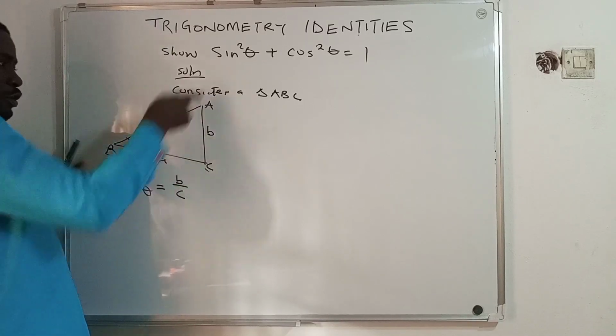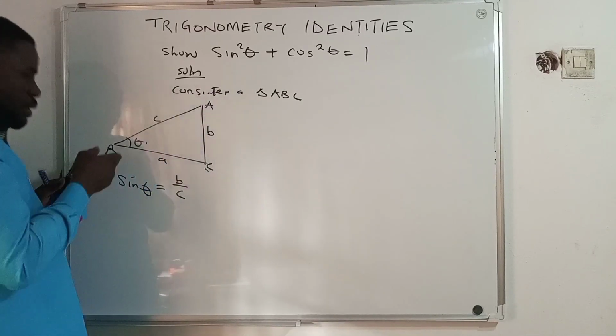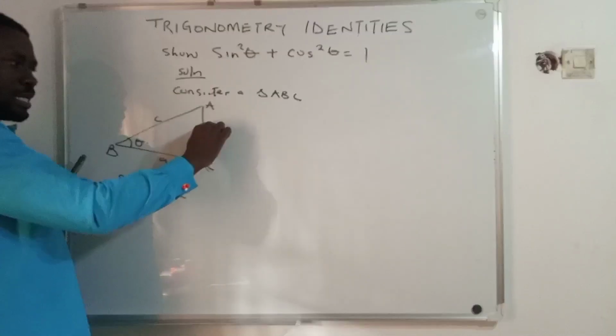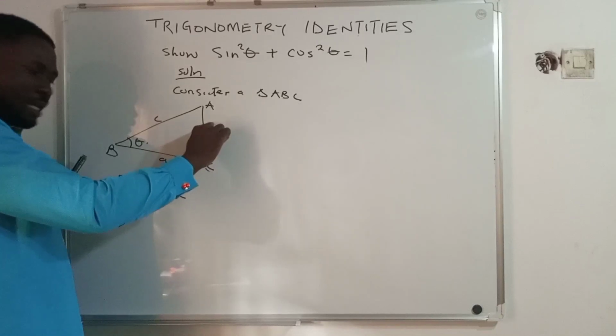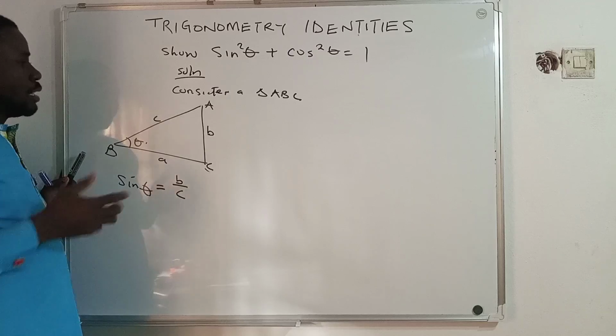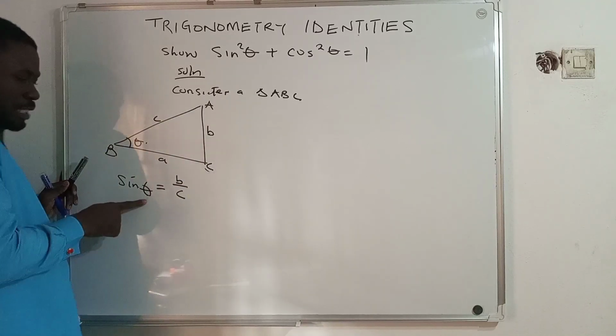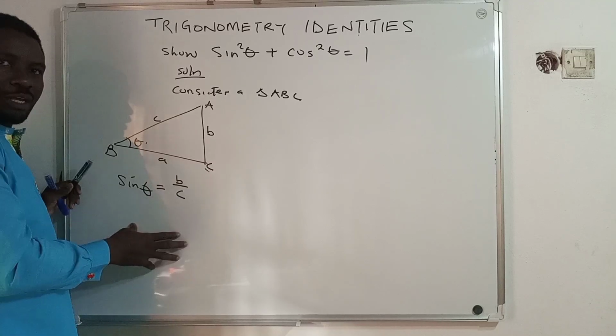Remember that the opposite is line AC all over the hypotenuse, line AB, and so line AC we represented as small letter b all over the small letter c. And then we have sine theta equal to b all over c.